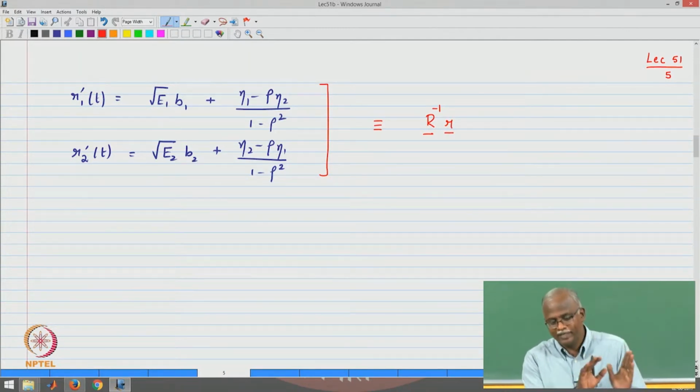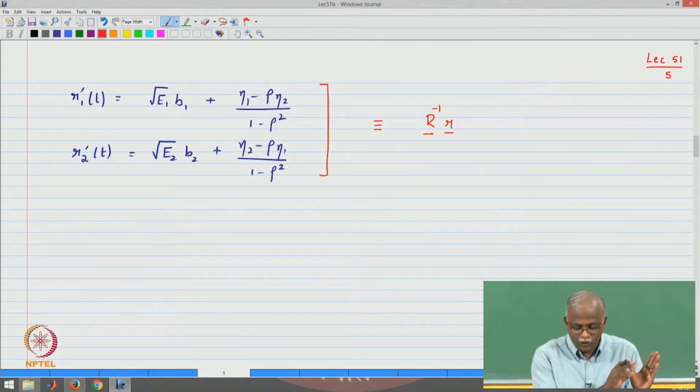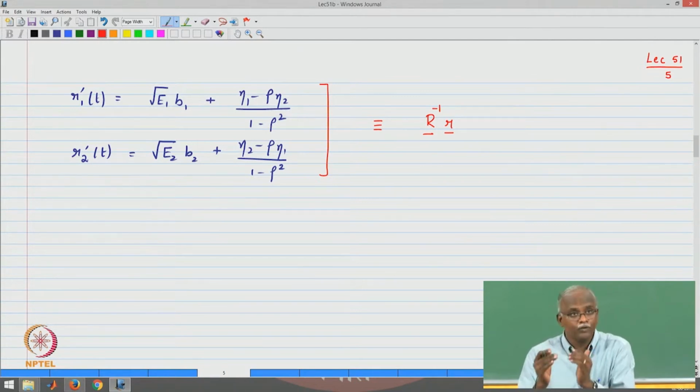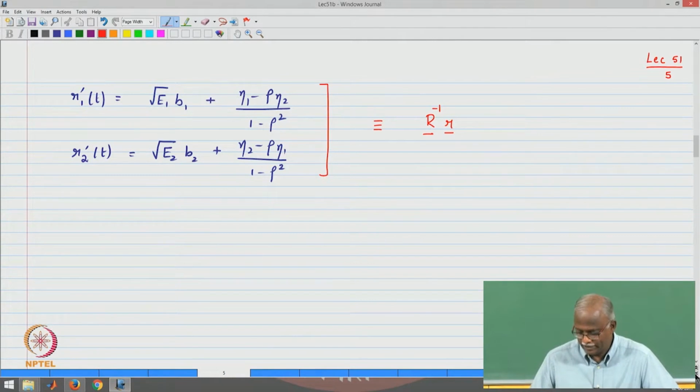One is multiplying by a matrix inverse, the inverse of the correlation matrix. The other one is doing the receiver using a modified spreading sequence, and both of them give us an interesting perspective.